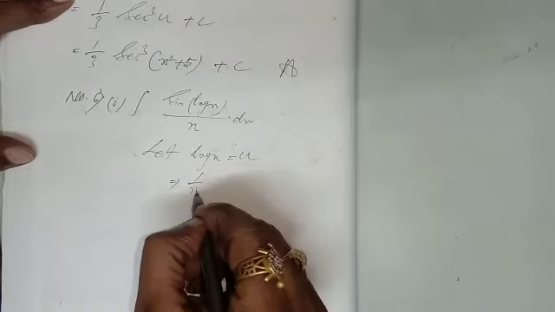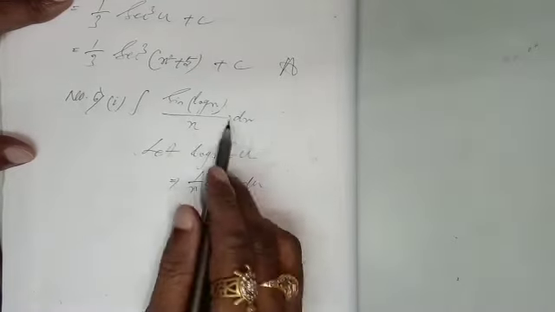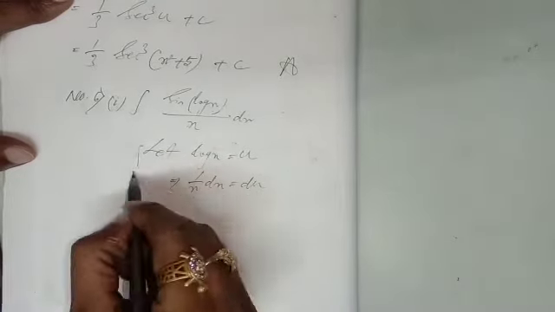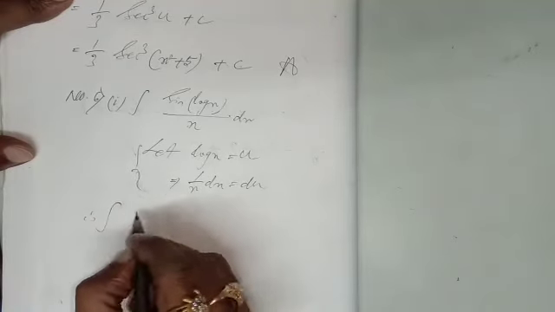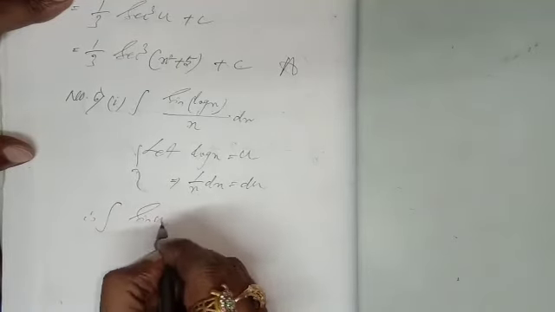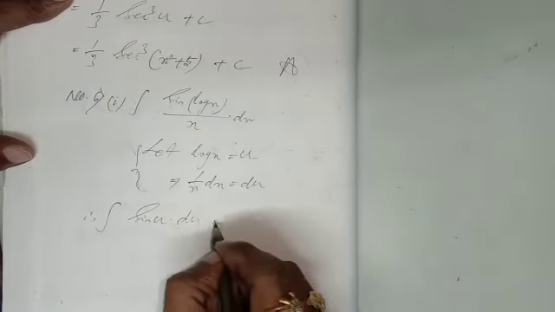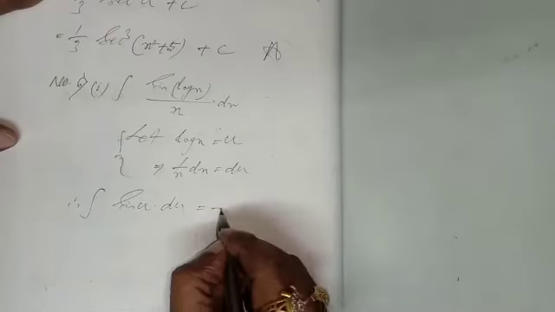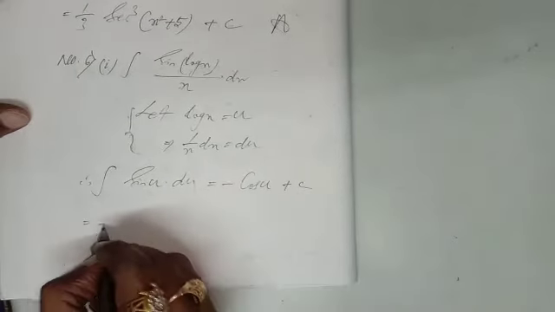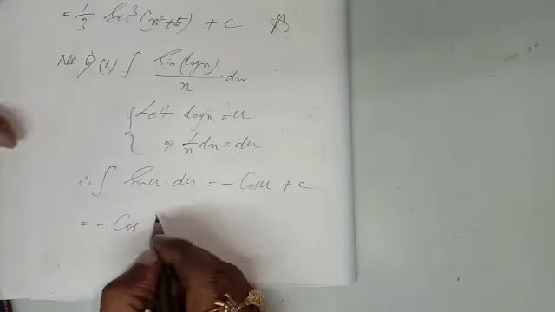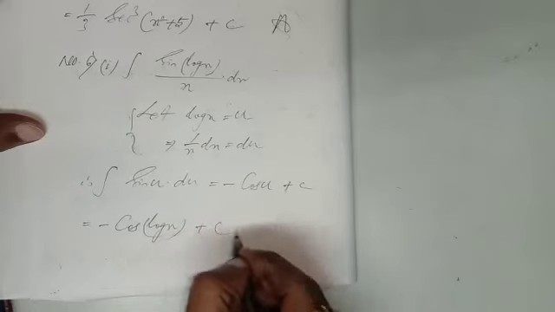That is 1 by x dx is equal to du. Therefore dx by x is du. So this will be converted to integration sine u du. What is the integration of sine u? That is minus cos u plus c. U means log x, so minus cos of log x plus c. This is the answer.